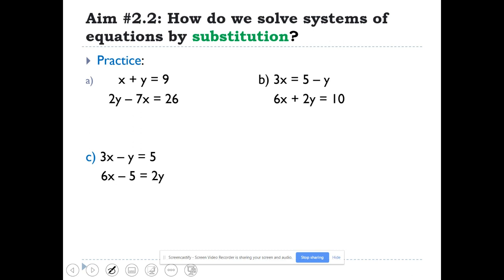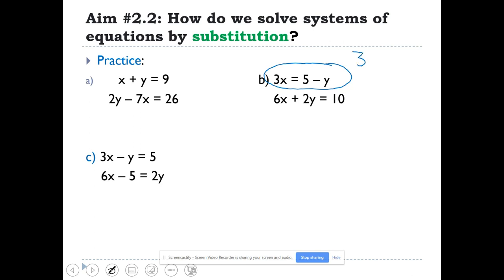Letter B. I'm again going to look and say, do I have anything that is solved for either x or y? And I don't. So I'm going to take this top equation and I'm going to set this equal to y.